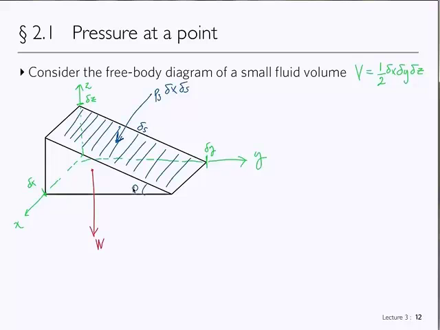We do have this angle over here, delta. So the pressure force on this bottom wall here is going to be P, well, P in the direction Z, times the area, which is delta X, delta Y. That's the bottom area here, delta X times delta Y. The pressure acting on this wall is going to be Py, P in the direction Y, multiplied by this area here, and this back wall over here is delta X times delta Z. We have that wall, we have the bottom, and we need the two sides.